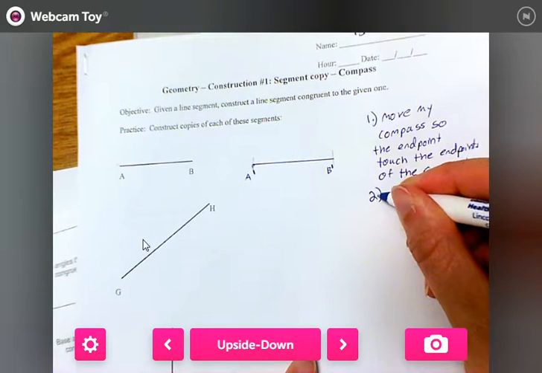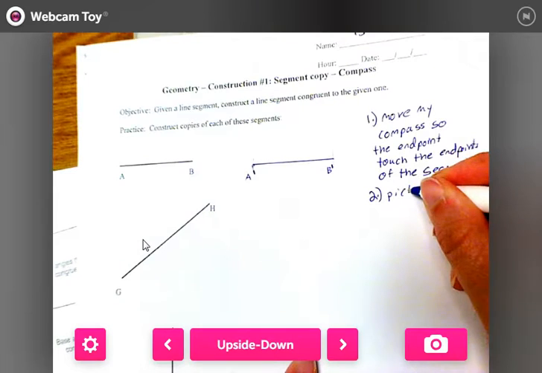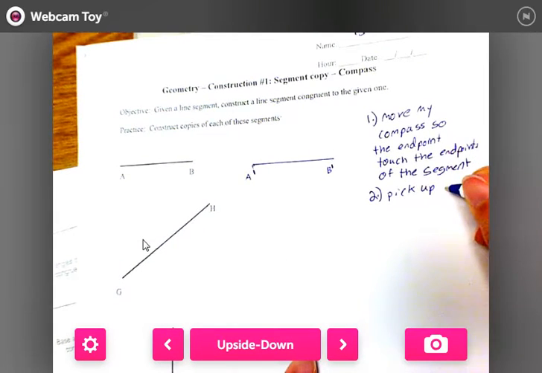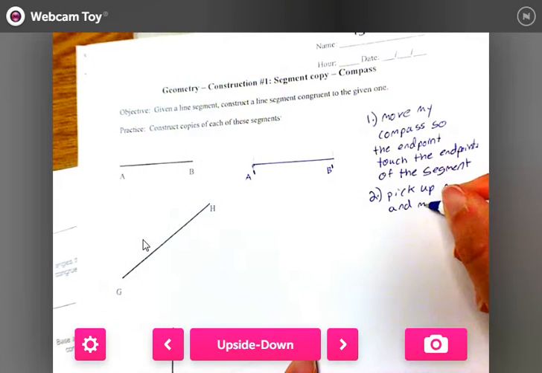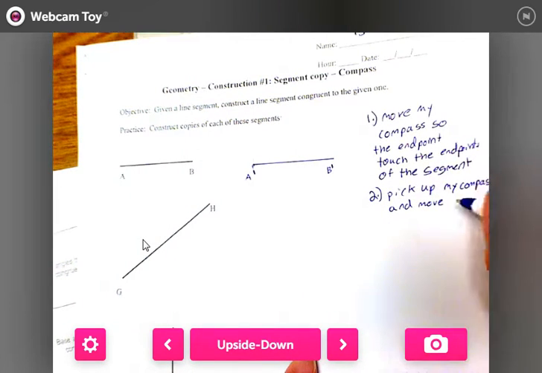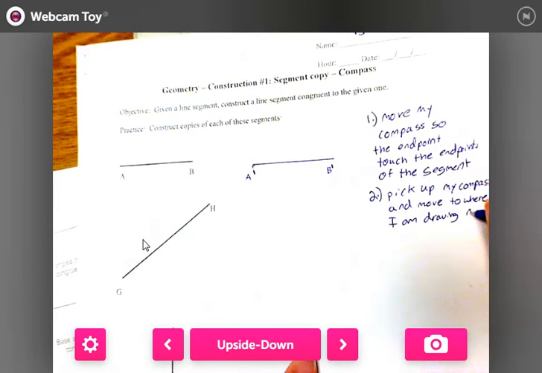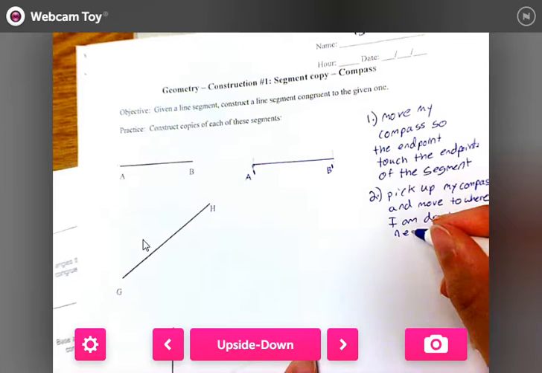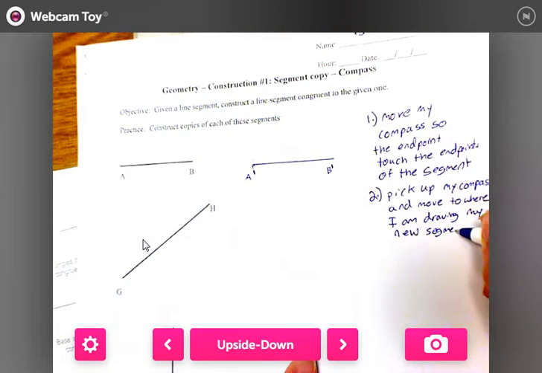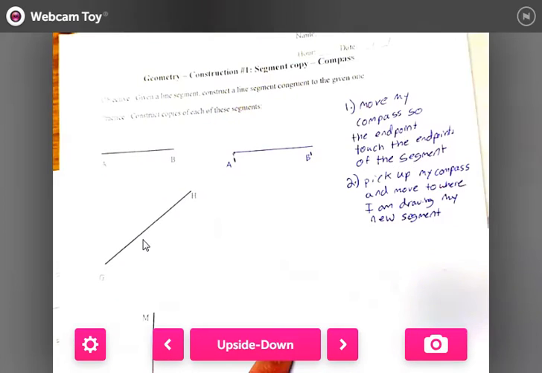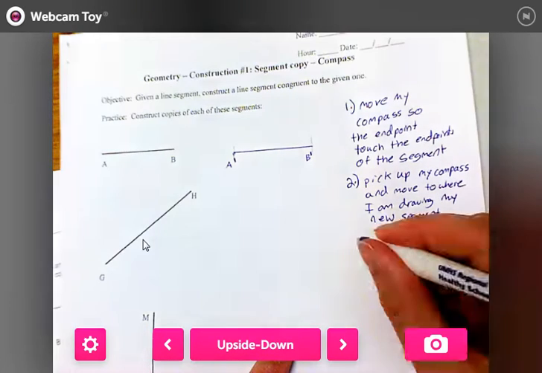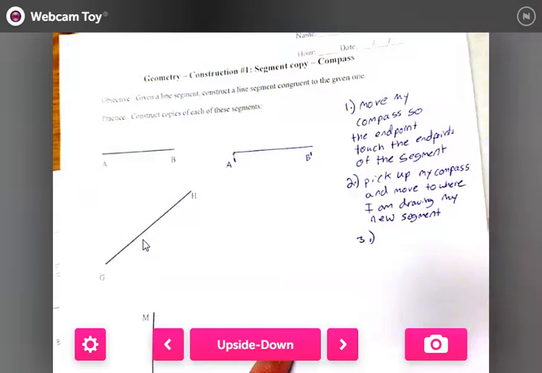Step 2, pick up my compass and move it to the side, and move it to where I want to make my new segment. Okay. Step 3, make an arc.